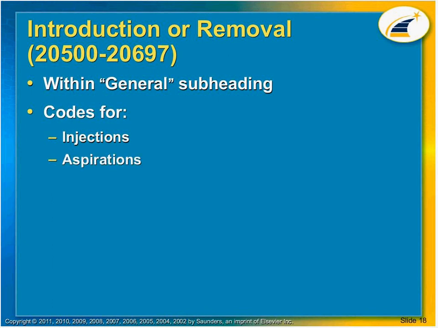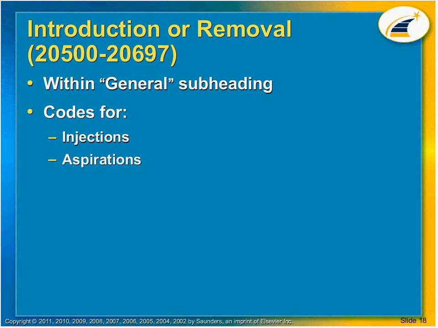I'm running out of time, but I'm going to talk a little bit about the introduction or removal general subheadings. These codes are for injections and aspirations. So the synonym for introduction could also be an injection or an aspiration. An aspiration can also be known as a centesis, when there's an insertion of a needle to withdraw fluid.